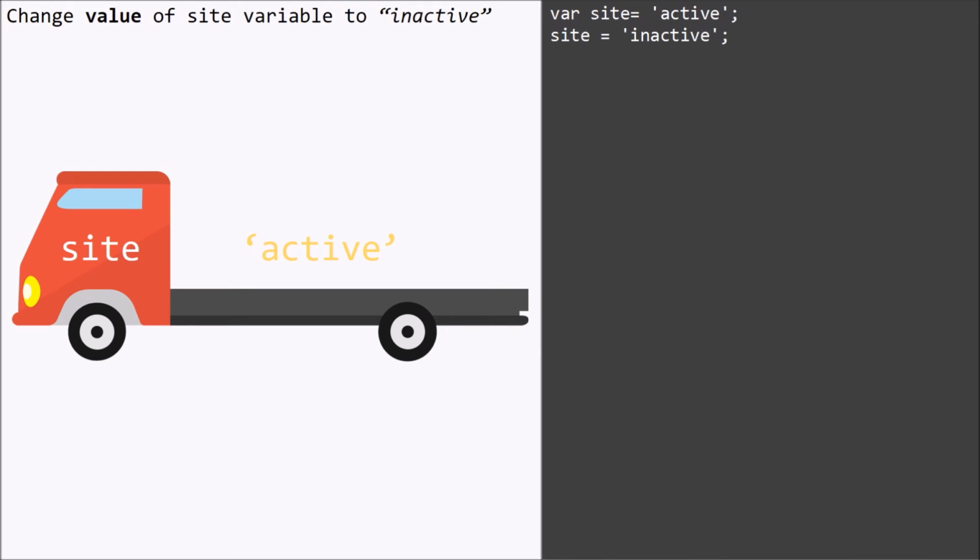Whoops. And then, as we can see here, the value of the site variable magically changes to inactive, and that's now what it's carrying around your script if you want to reference it later.